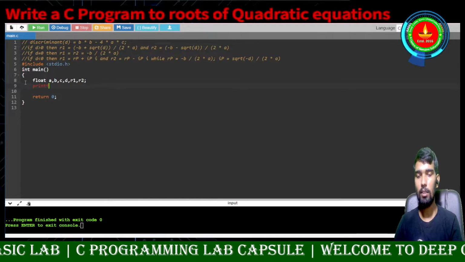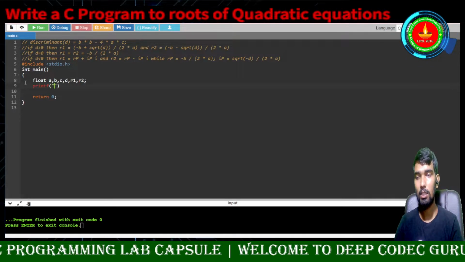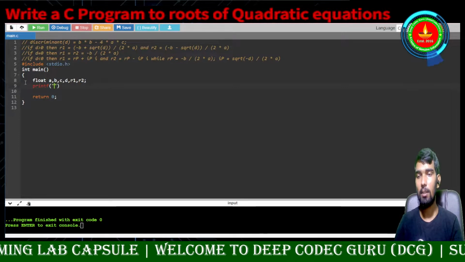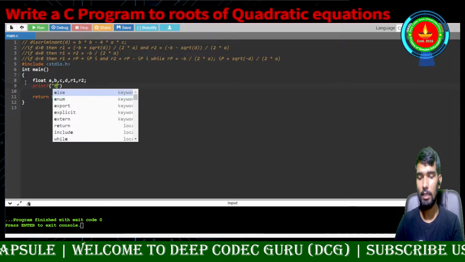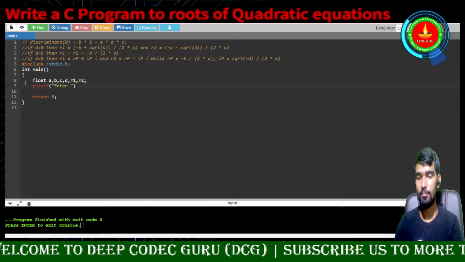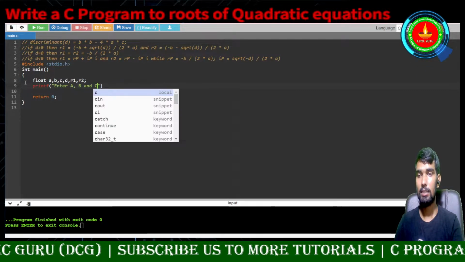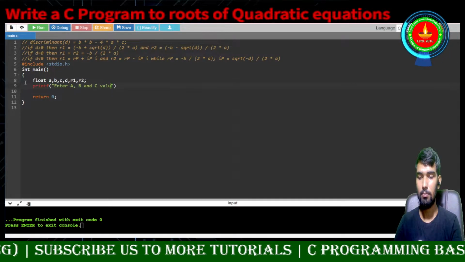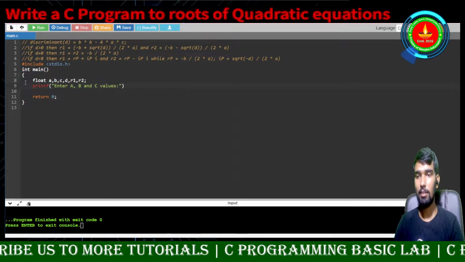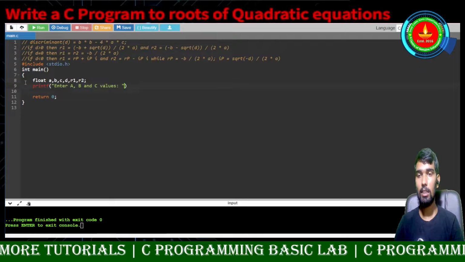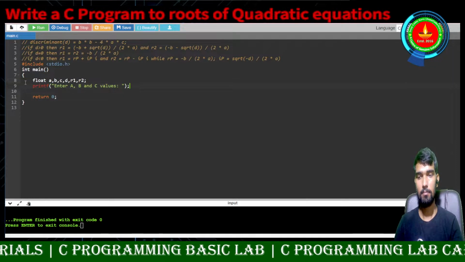Now printf. I am making it easy, with fewer lines, to make it clear. Enter a, b and c values. So in a single line we are telling the user to please enter a, b and c values.